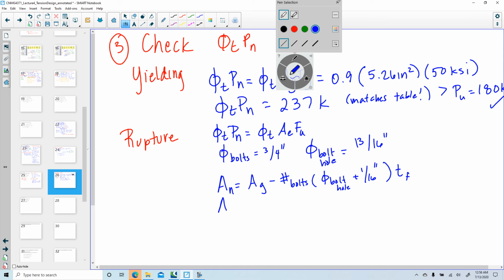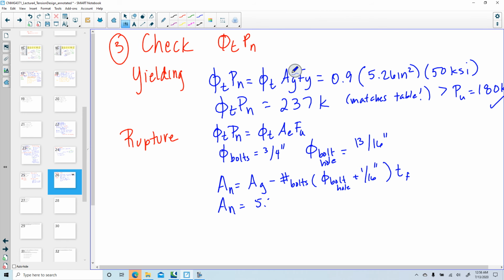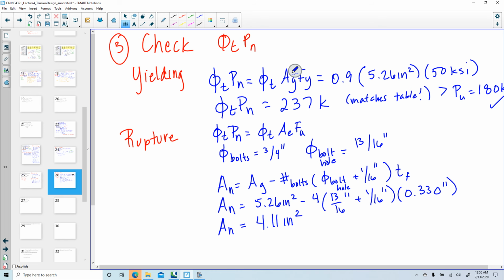So my net cross-sectional area is 5.26 inches squared minus my number of bolts, which is 4, times my bolt hole, 13/16 of an inch plus my 1/16, times 0.330 inches. So net is 4.11 inches squared.